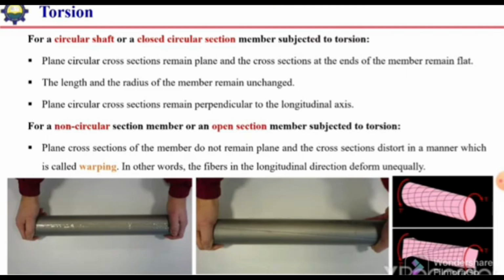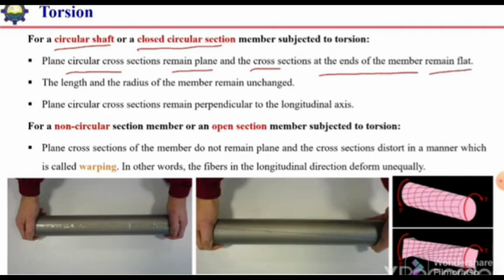Okay, to resist torsion, which type of sections are good and which are not good? For a circular shaft or closed circular section, the plane circular section remains plane, and the cross section at the end of the member remains flat.